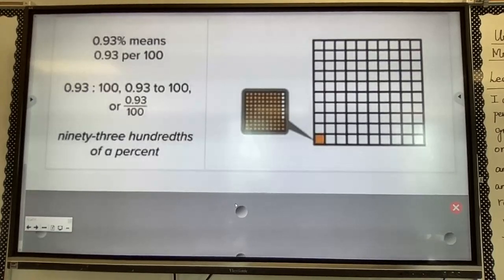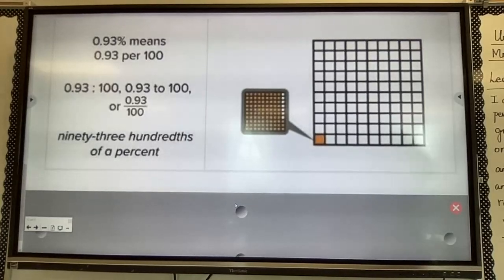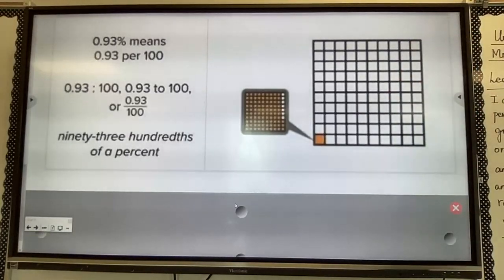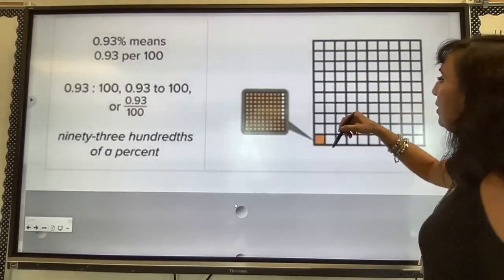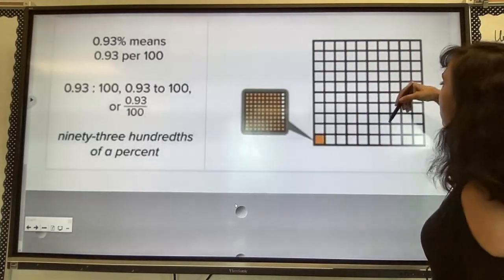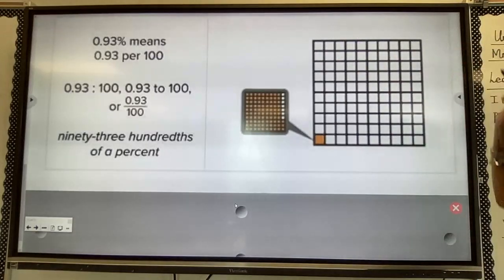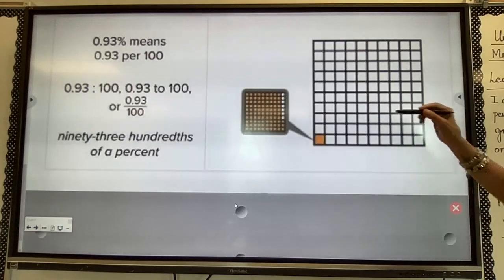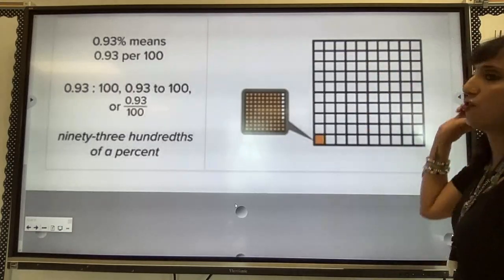So let's think about this. A classmate used a model and they went and colored in 93 parts over here. Okay, so not just 93/100, they colored in 10, 20, 30, 40, 50, 60, 70, 80, 90 and 3. Let's say they colored in that much. What mistake did they make? And how does 93/100% compare with 93%? So, the classmate who did this entire thing is representing what?